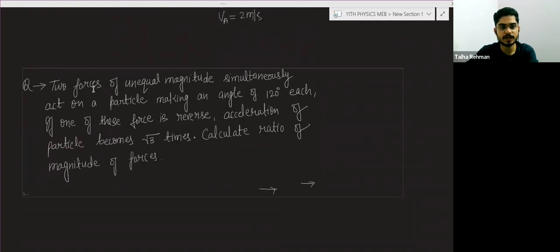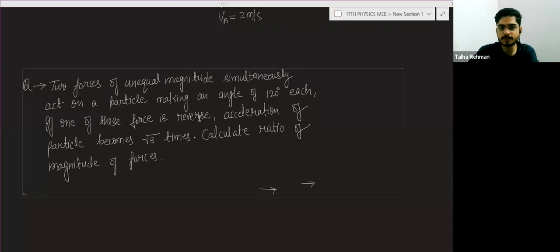They are saying two forces of unequal magnitude simultaneously act on a particle at an angle of 120 degree each. Means the vectors are making 120 degree with each other, and these forces are acting on a particle.